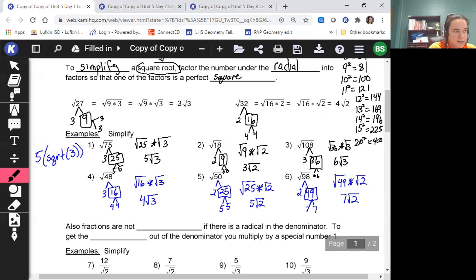The other way you can do this is 5 and then press the multiplication symbol on your keypad and then square root, SQRT, parentheses 3, close your parentheses. So most of the time you're going to have to do that when you are on the Edulastic website. There should be a drop down that will let you just use a square root symbol instead of having to type in square root.